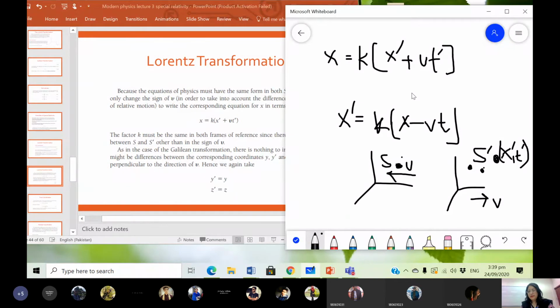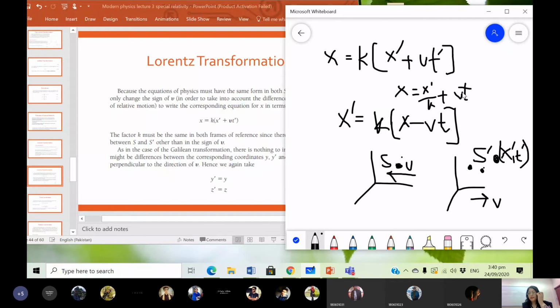So what is the difference between this equation and this equation? Why are we writing it like this? We're not making x the subject from this equation, because then we would get something like x equals x dash divided by k, plus vt.